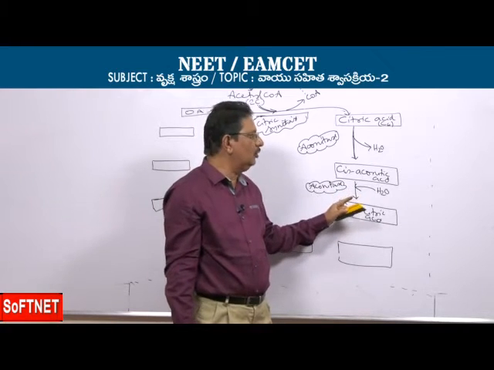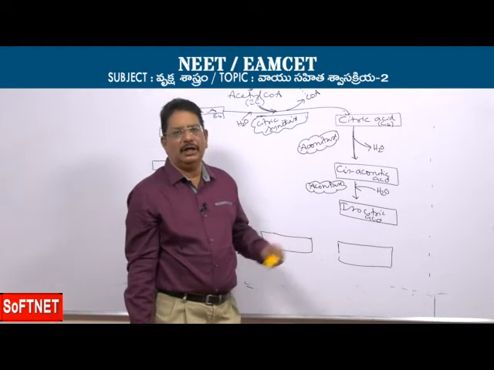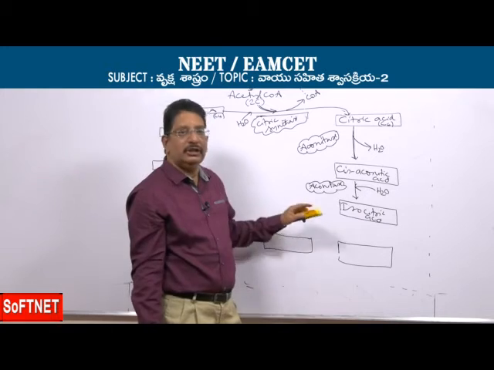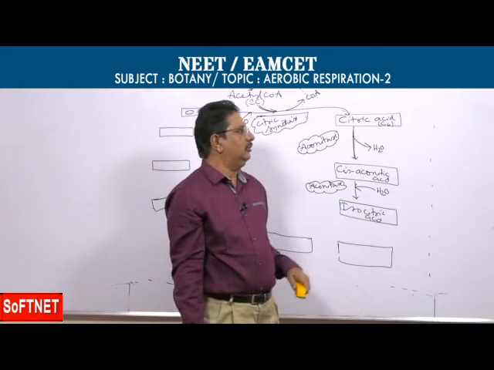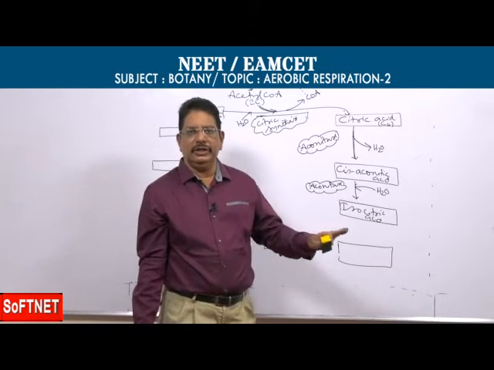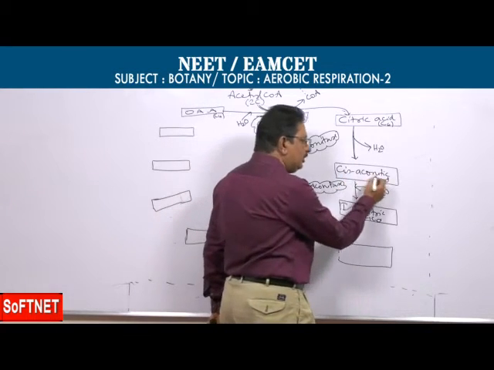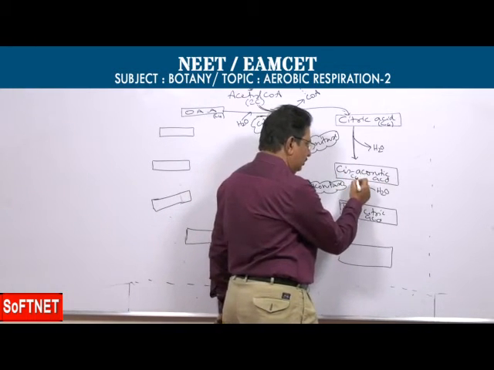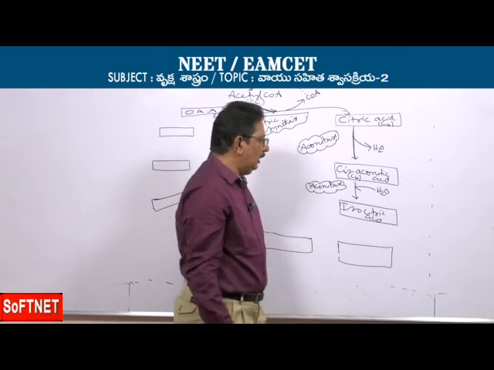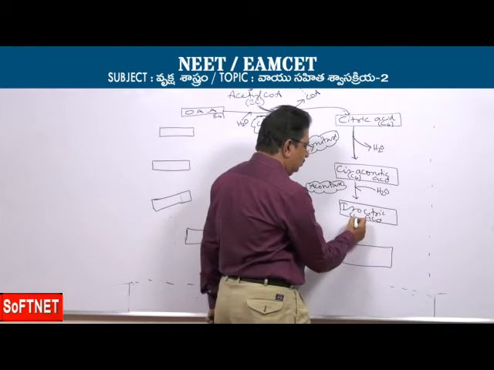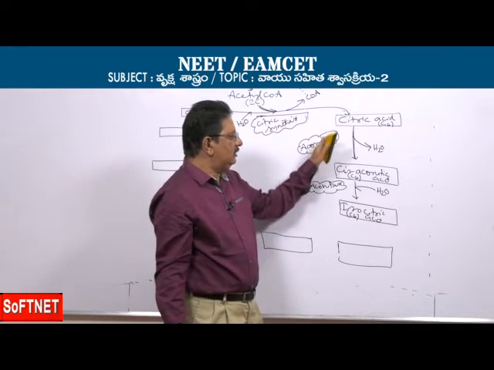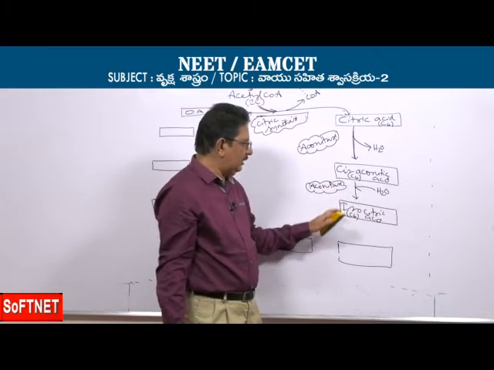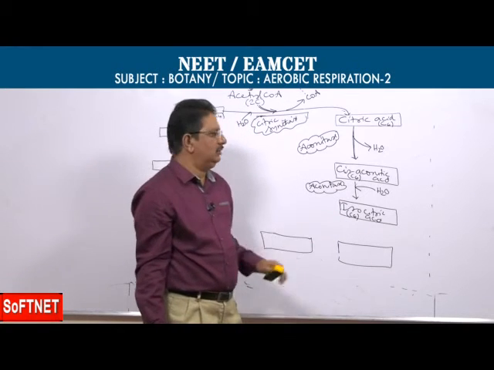So there is no removal of any carbon, there is no addition of any carbon atom. So the number of carbon atoms is going to be the same in cis aconitic acid. So it is a C6 compound, and isocitric acid is also a C6 compound. So citric acid, cis aconitic acid and isocitric acid.